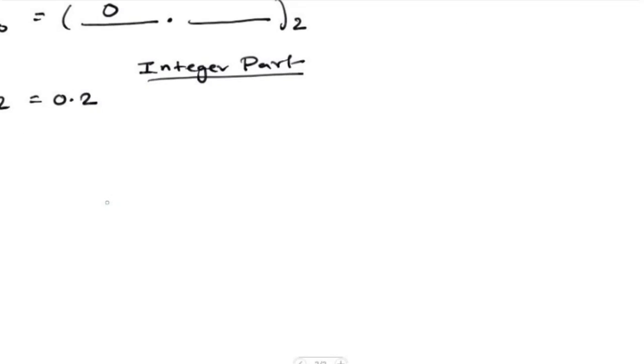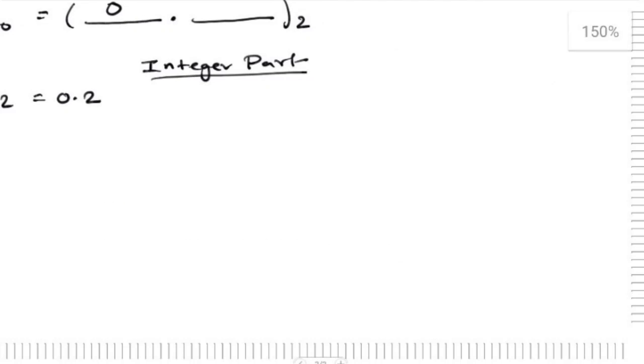The integer part here is 0, and the fractional part is 0.2, so we'll use that again. 0.2 times 2 is 0.4.